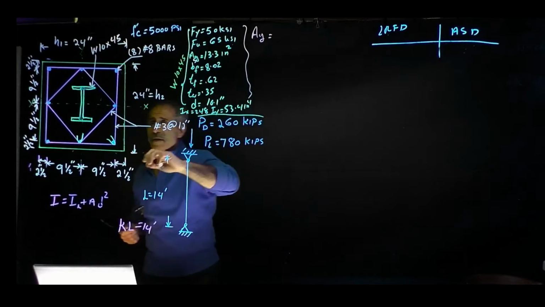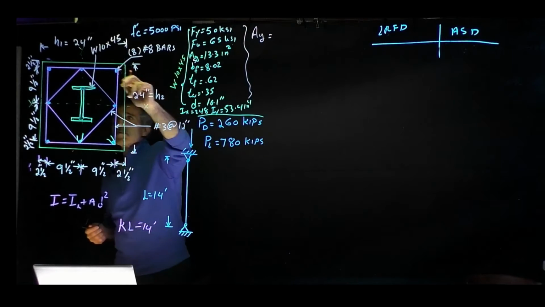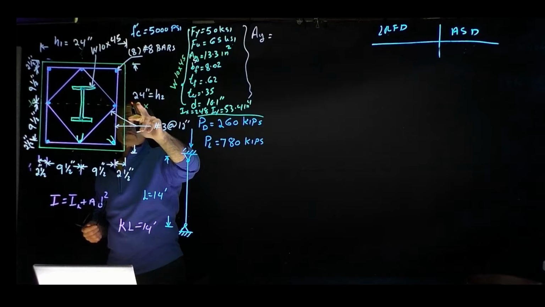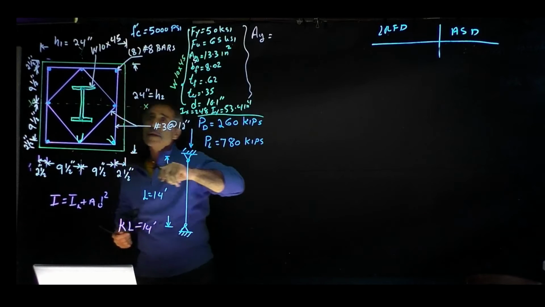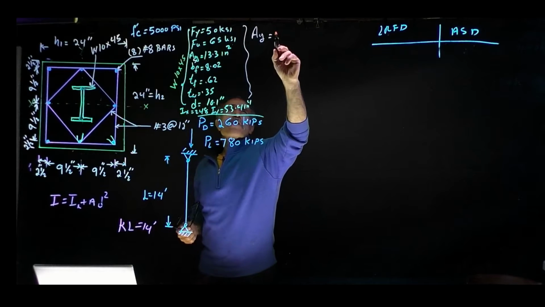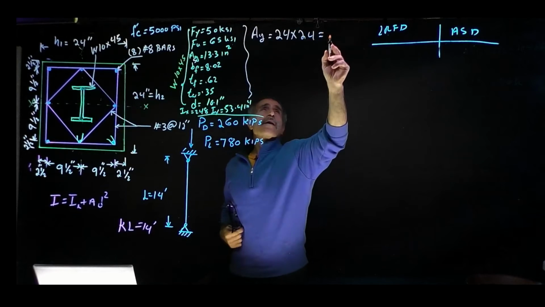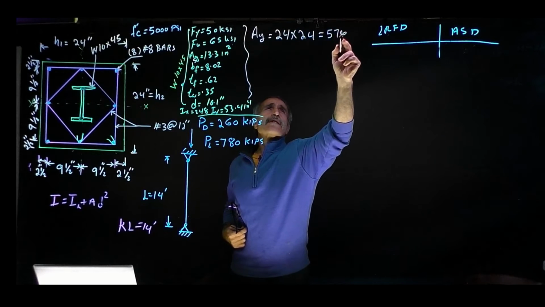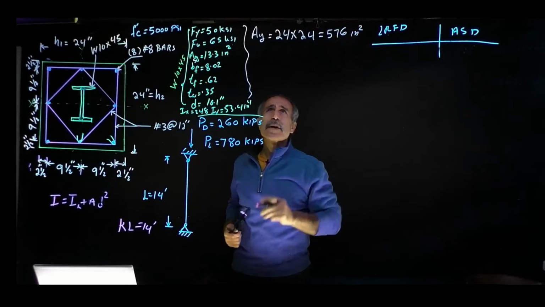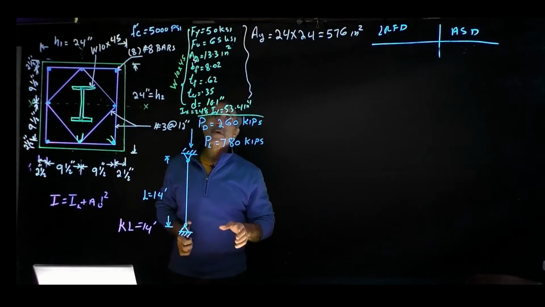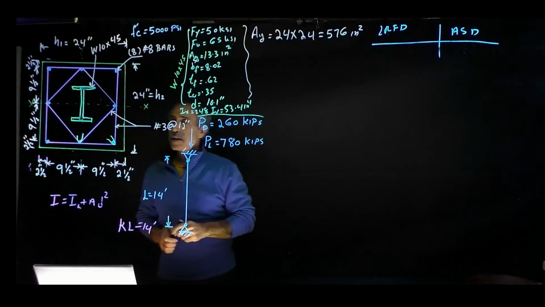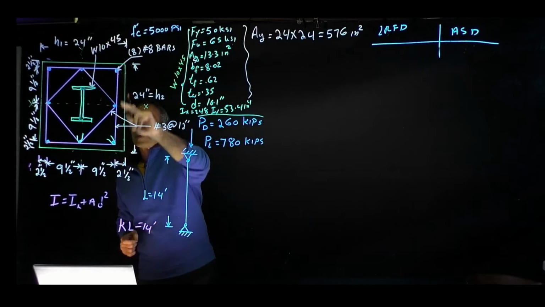We said this is a 24 inch by 24 inch, h1 is 24 and h2 is 24. So we got 24 times 24, and that is equal to 576 square inches.